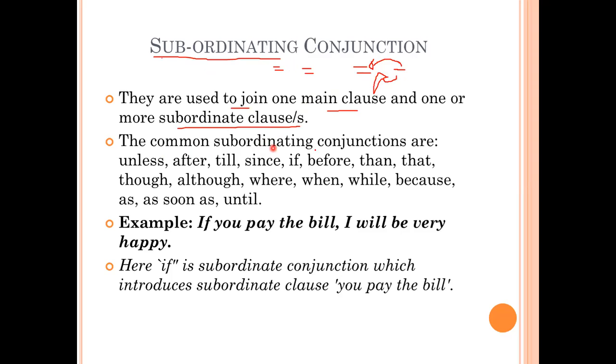The common subordinating conjunctions are unless, after, till, since, if, before, than, that, though, although, where, when, while, because, as soon as, until.